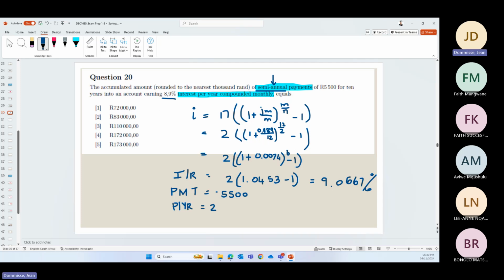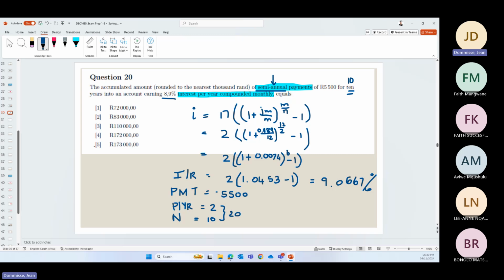Then let's see for how long, because I didn't see a number, the accumulated amount, okay, the 10 years. So n is equal to 10, so that gives us 20 periods.